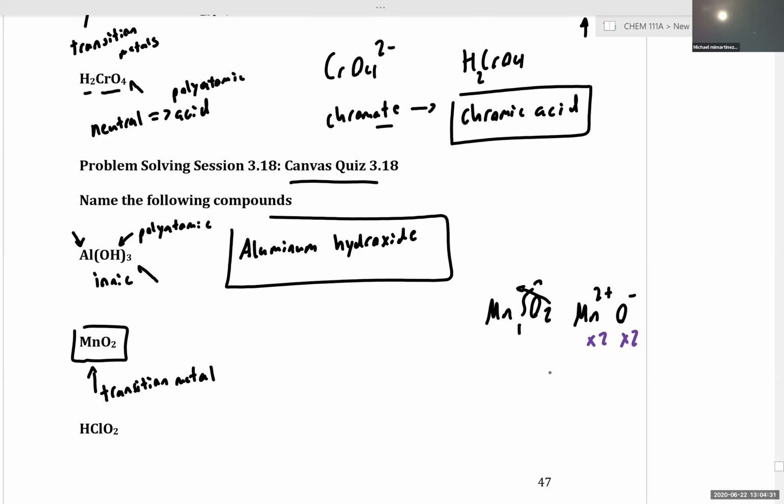So we multiply both of our charges by 2. That gives us manganese 4+ and O2-, and all is right with the world. So we name this compound manganese, not magnesium, 4, and then oxygen turns into oxide.